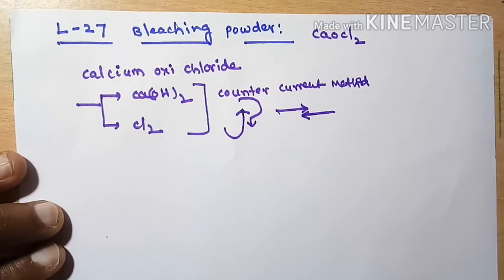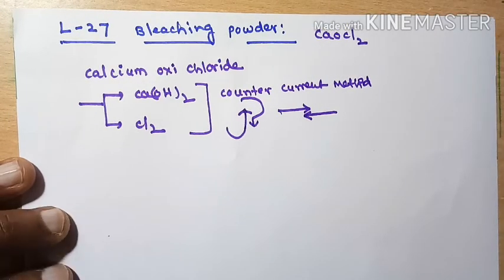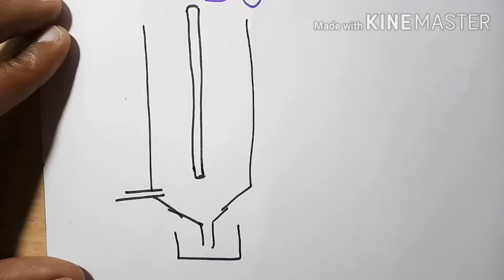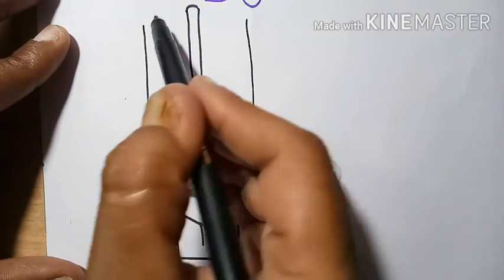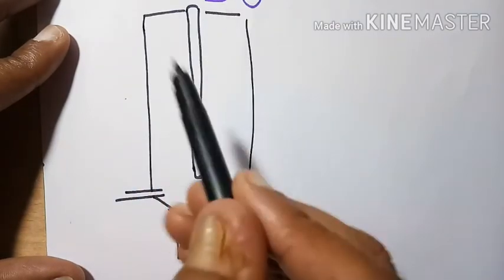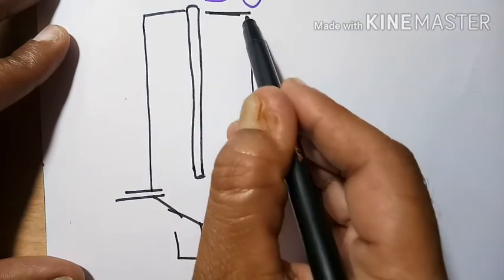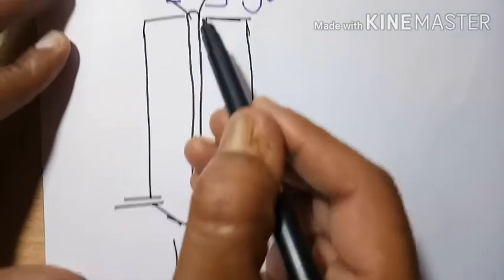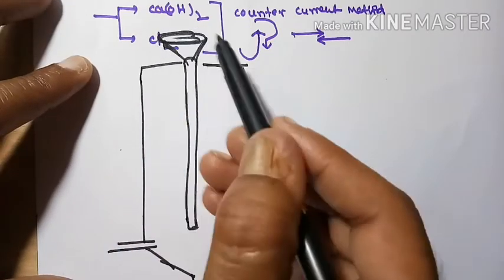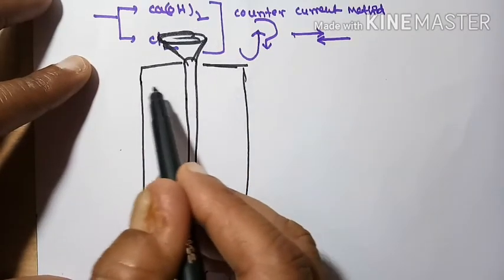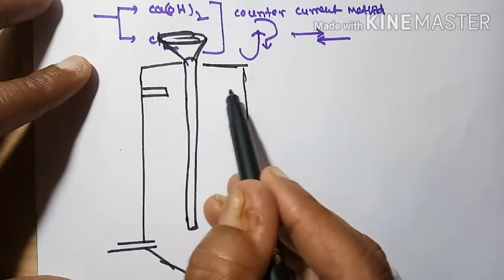In this counter current method, bleaching powder is prepared, and the apparatus is arranged like this. At the end side we have one hopper. From this hopper, we have an arrangement of iron shelves present like this.